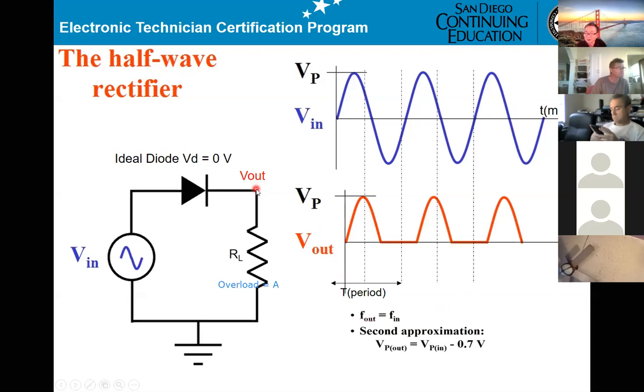When you turn on the diode, we're not talking about ideal anymore. We're talking about 0.7 volt. So when you turn on the diode, you have to substitute the diode by a battery. You don't have any more diode here.